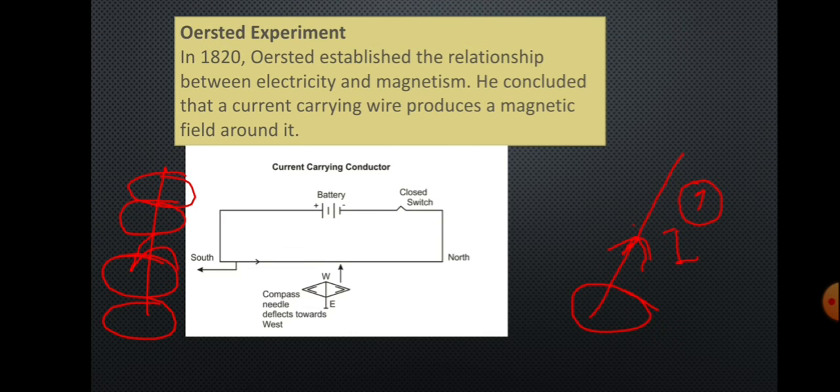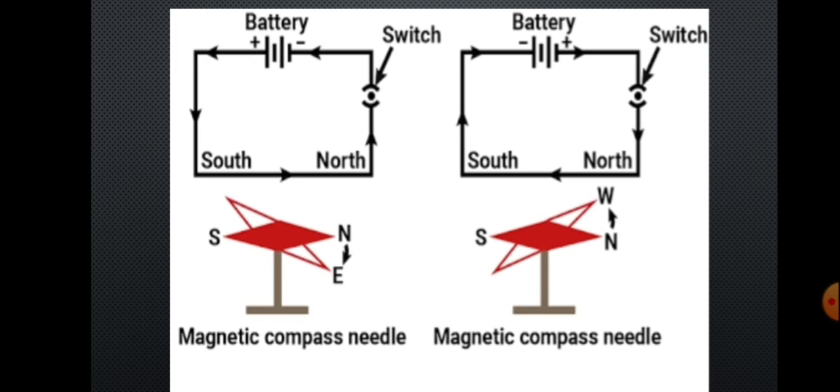Next is the circuit diagram. According to Oersted, a current carrying wire produces a magnetic field. Here is an illustration of the example by a circuit. Current is flowing through the circuit. If we take a magnetic needle near the circuit and current flows from the positive end to the negative end of the battery, the needle direction will be shifted from north to east.